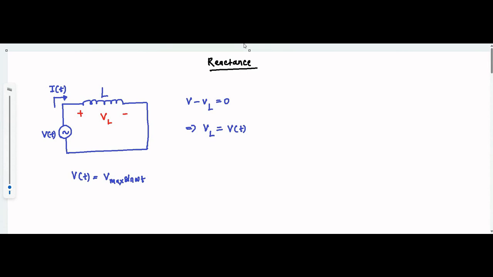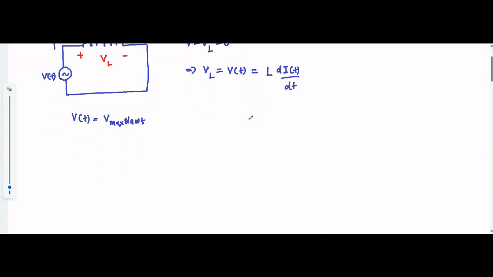Now here the induced EMF in the inductor obeys Faraday's law of electromagnetic induction. So this VL, which is equal to VT, is given by L diT by dt, the rate of change of current with respect to time. The voltage is the induced EMF across the inductor. That implies VT is equal to L diT by dt.